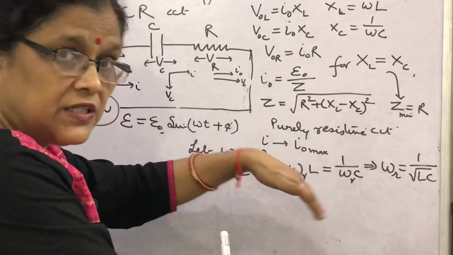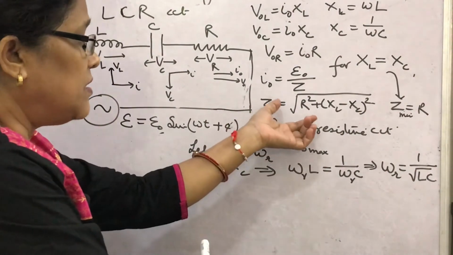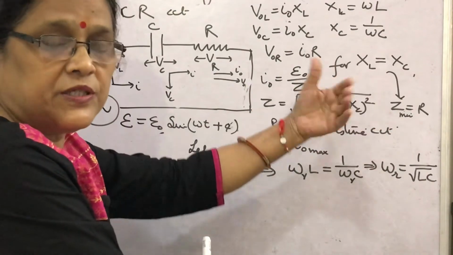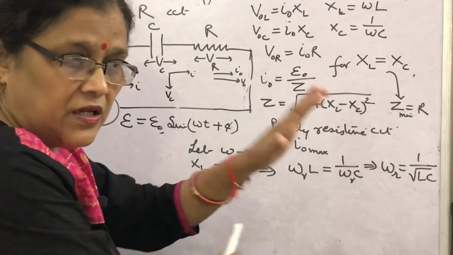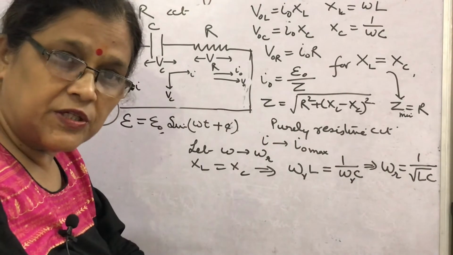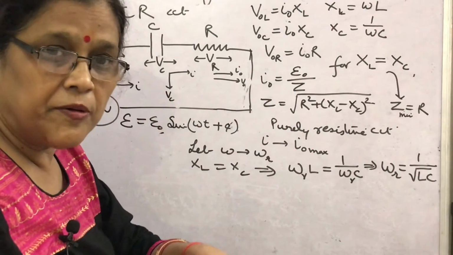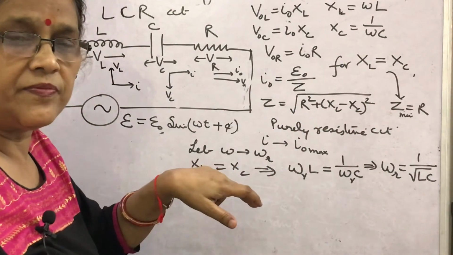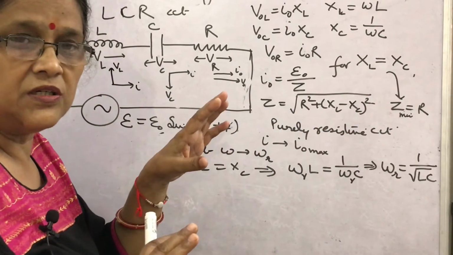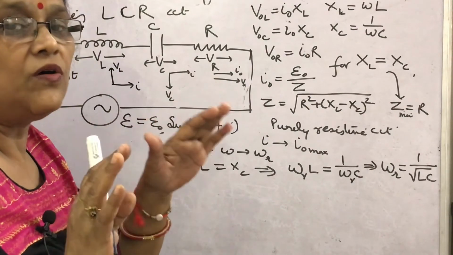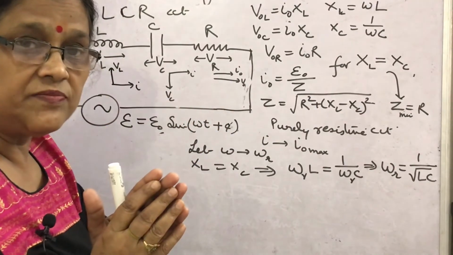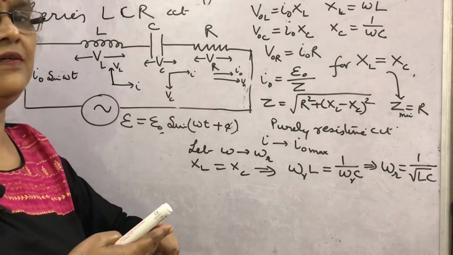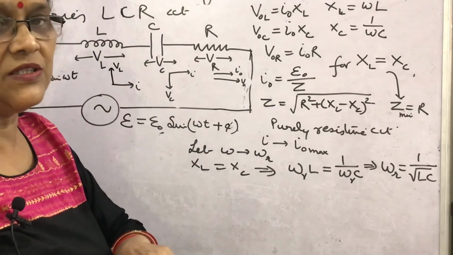So, when in a series LCR circuit XL becomes equal to XC, that is, both the inductive and capacitive reactances become the same, the circuit becomes purely resistive, impedance becomes minimum, current becomes maximum. Any of these points can be asked in a 1 mark question, to learn the characteristics of a resonant circuit. So, a series LCR circuit at resonance is said to be a resonant circuit.